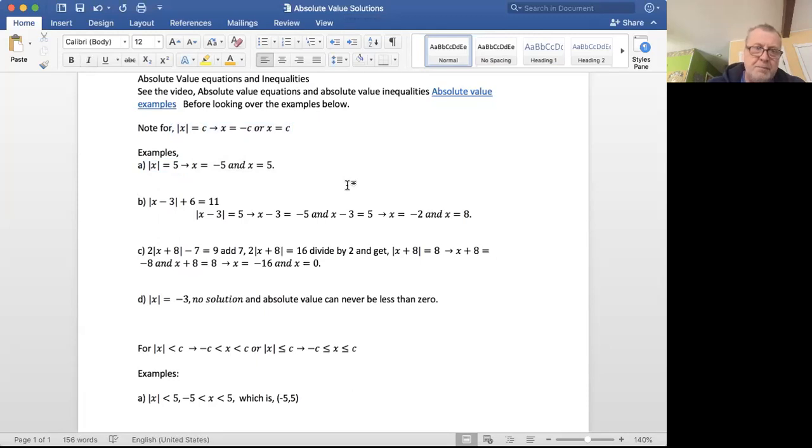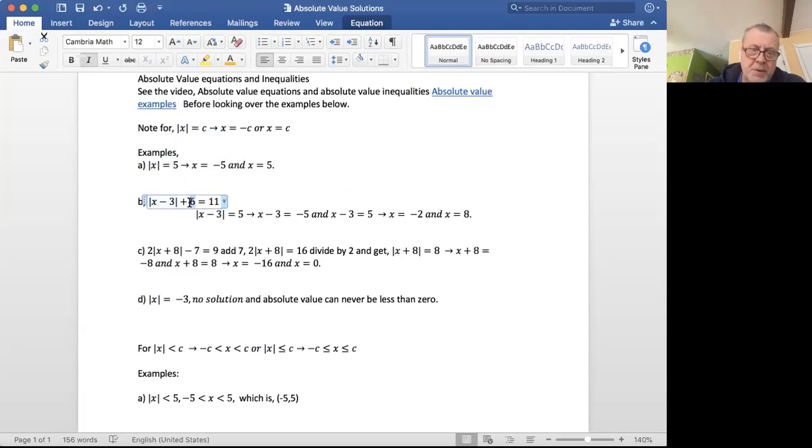All right, so now if we have more than just an x inside the absolute value, and we have some things outside the absolute value as well, we first isolate the absolute value. In B, we have the absolute value of x minus 3 plus 6, where the 6 is outside the absolute value, equals 11. To isolate the absolute value of x minus 3, we need to get rid of the 6.